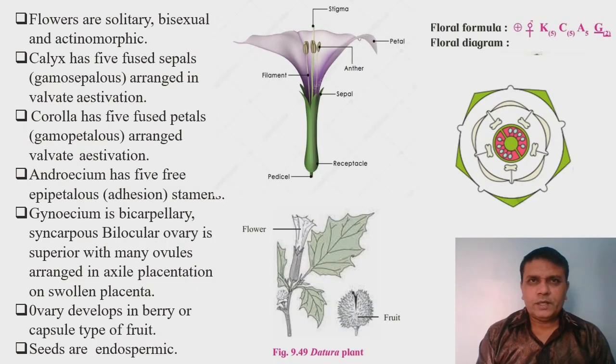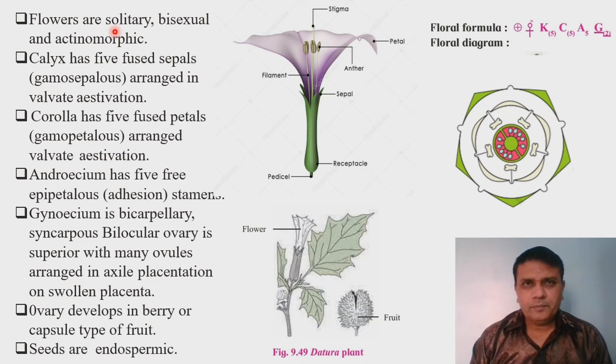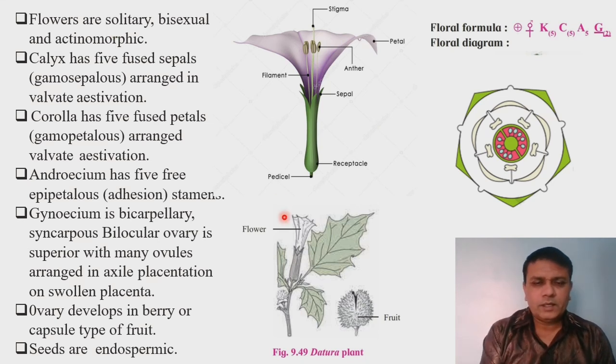Now we will see regarding the characters of flowers. The flowers in family Solanaceae are solitary. Solitary means they are single. Here we can see only one flower is developed. So when a single flower is developed, it is called a solitary flower.